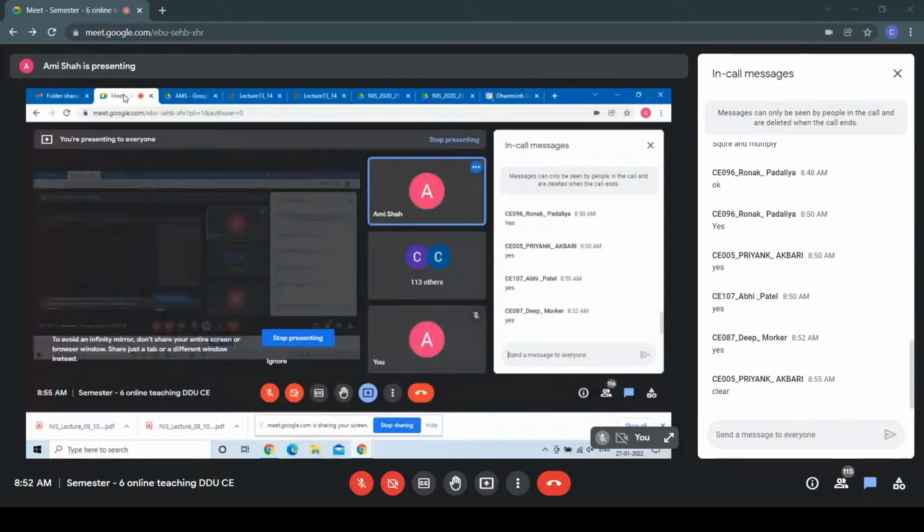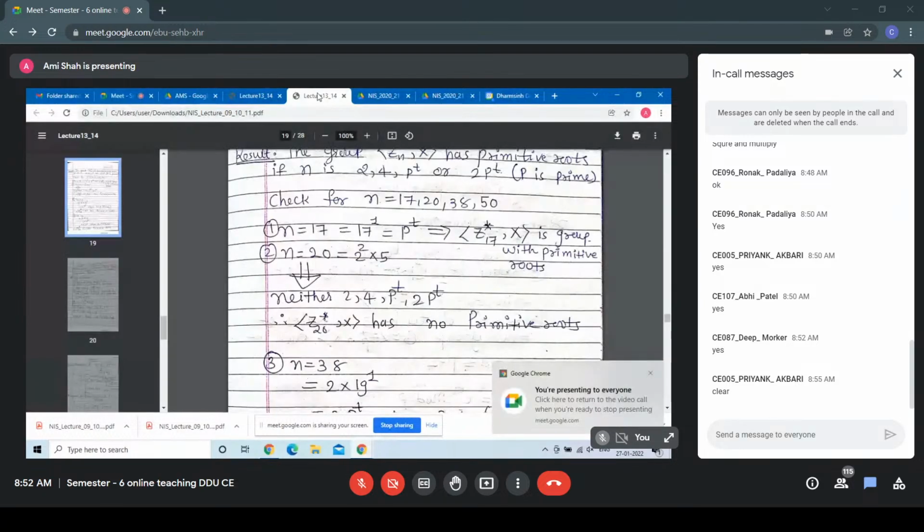Once it is done, see one point that I discussed in your class. See this formula that I have explained. When you ask the user to enter the value of a prime number, initially by using this formula you can check whether primitive roots are possible or not. If they are possible, then you can find them.